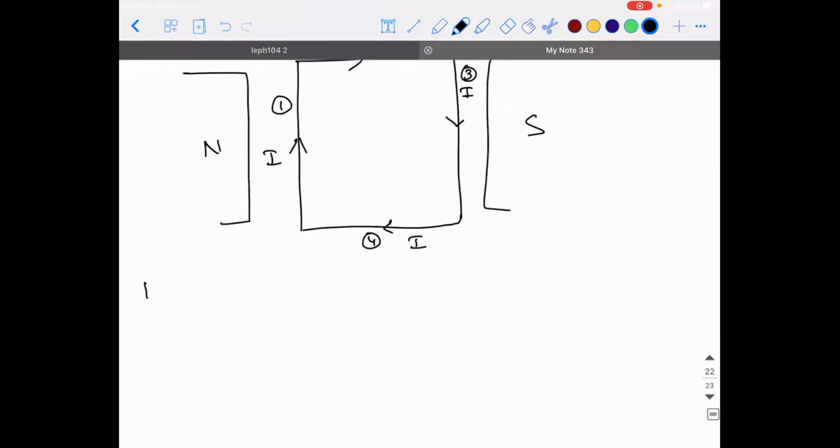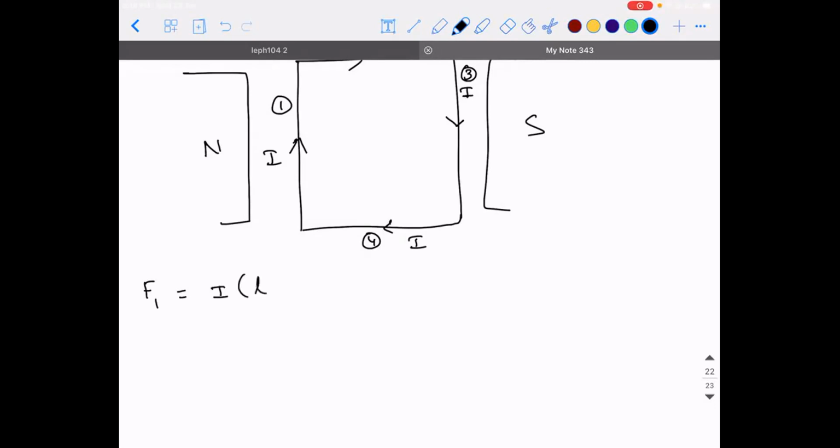So, what is the force experienced by the first conductor? Downwards, sir. I'm not asking about direction, I'm asking about value.